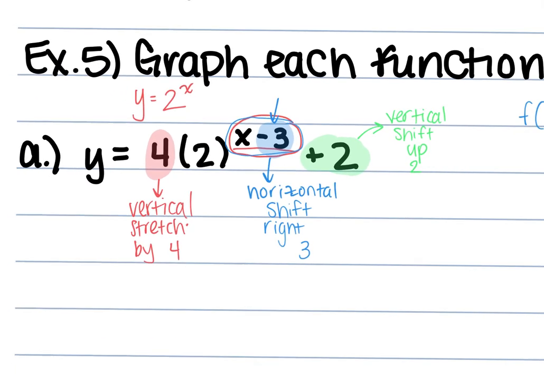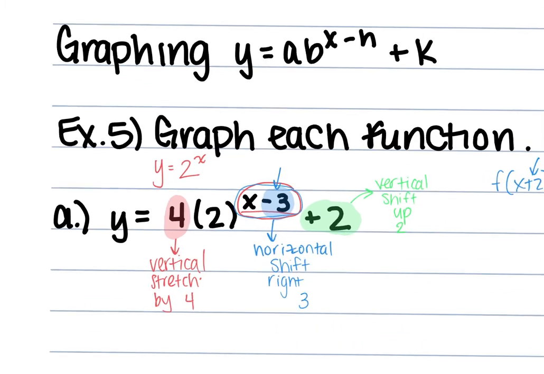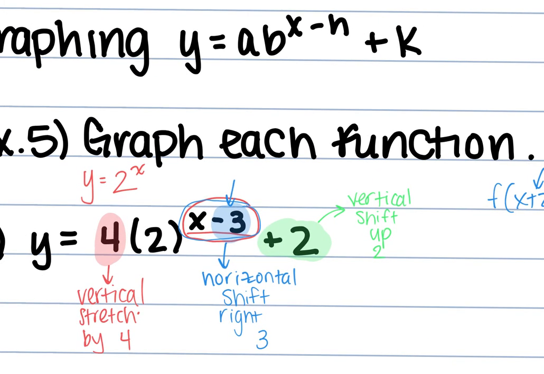All right, let me go back 1 second, okay? And I want you guys to highlight in this first equation the a and the plus k in red, and then this x minus h in blue.